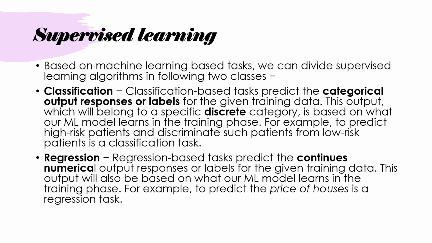This output will also be based on what our machine learning model learns in the training phase. For example, if you have to predict the price of a house or a building based upon the set of data given in a table, then this kind of supervised learning comes under regression.